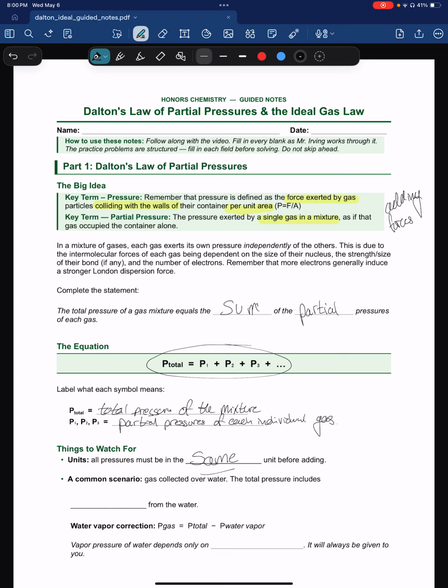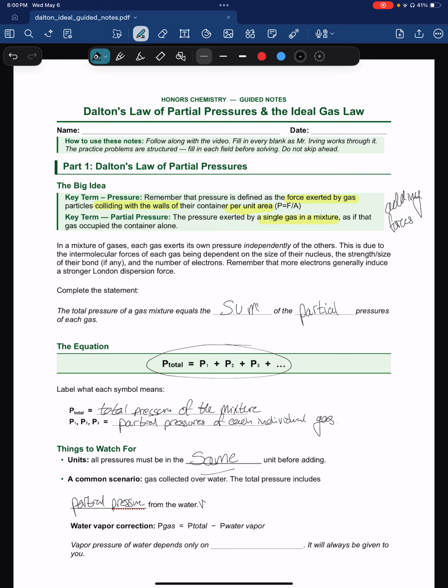So the water vapor ends up exerting its own partial pressure. And so the total pressure you read includes the pressure from the gas and the pressure from the water vapor, right? The total pressure includes the partial pressure from the water.